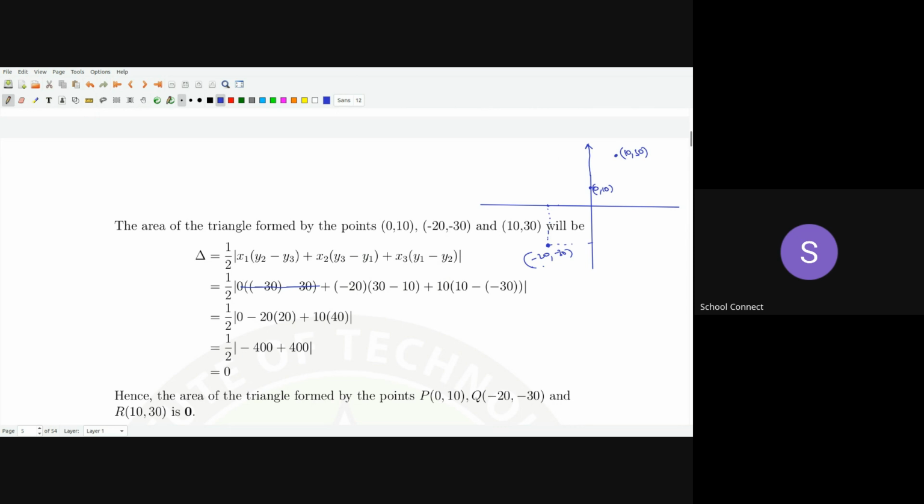If you carefully observe, all these 3 points lie on the same line.